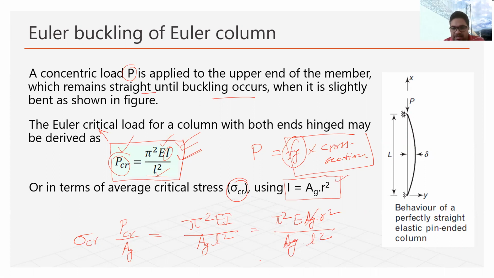So ultimately we will get pi square E upon lambda square, because lambda equals L by r. This lambda is called the slenderness ratio, and it is basically the ratio of the length of the column, actually the effective length of the column, to the radius of gyration.